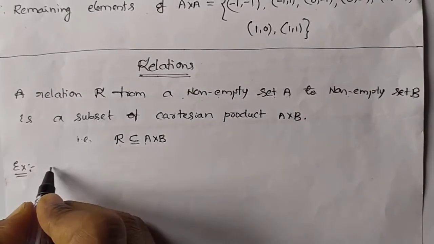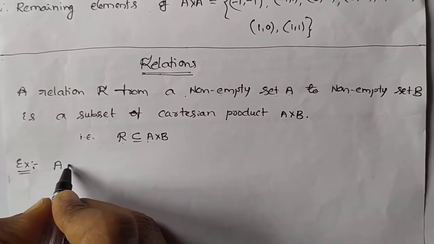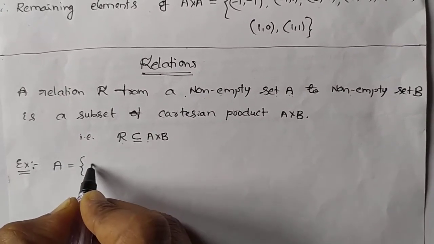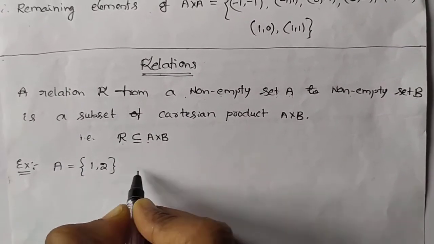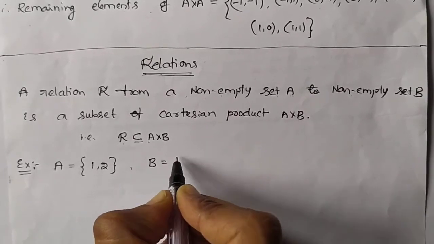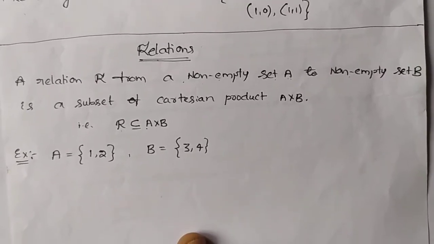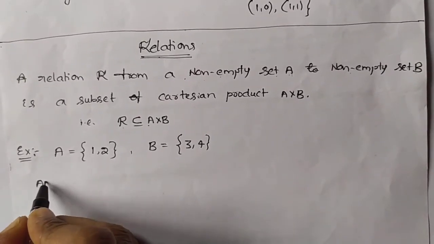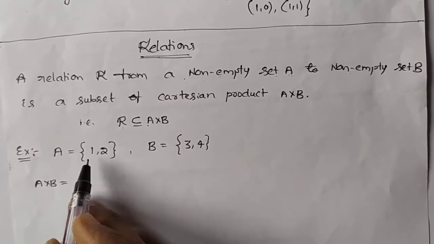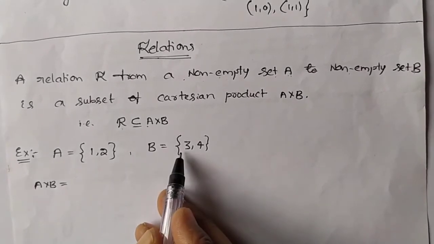For example, I will take the set A equals {1, 2}, and set B equals {3, 4}. Now let us find A cross B. A is a non-empty set, B is also a non-empty set.